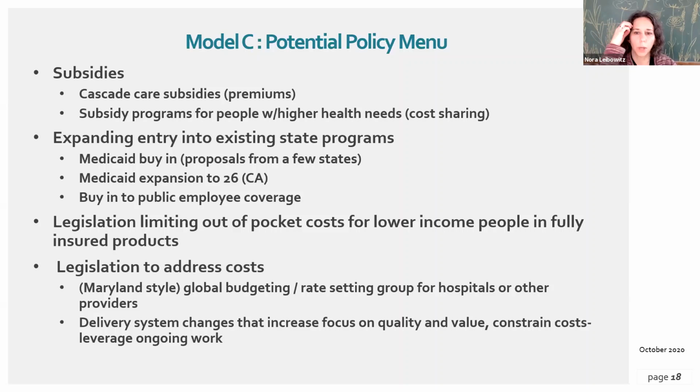Okay. Yeah, Jared, what I would say is that because Model C was built as building on what exists now, none of these are an attempt to do the kind of system replacement that A or B does. They're all about transitioning from the existing system. To what?